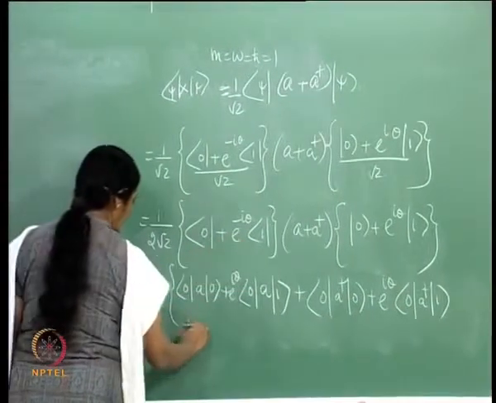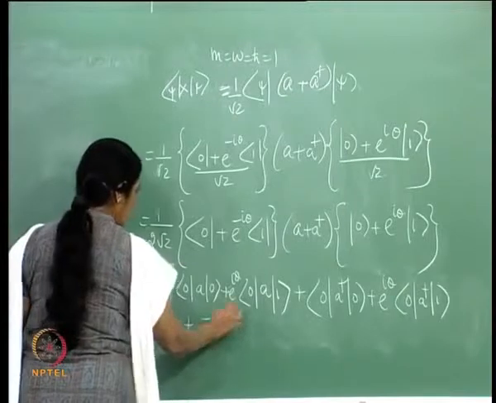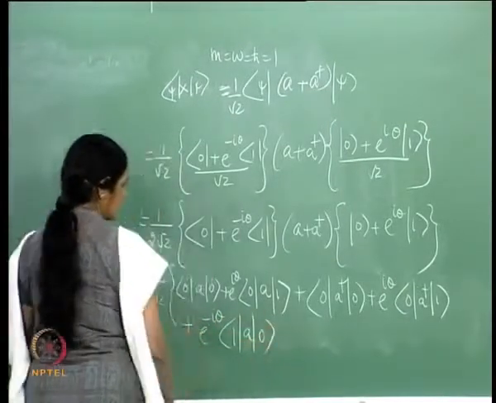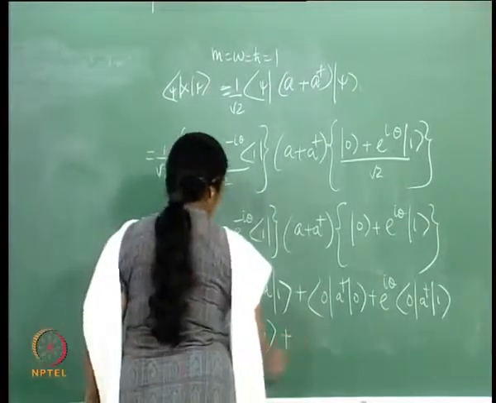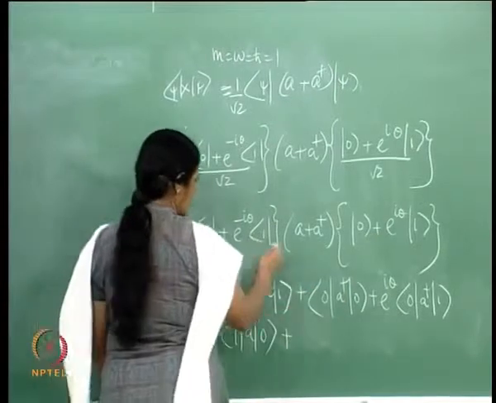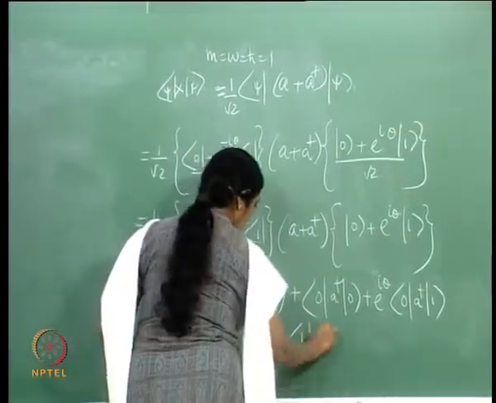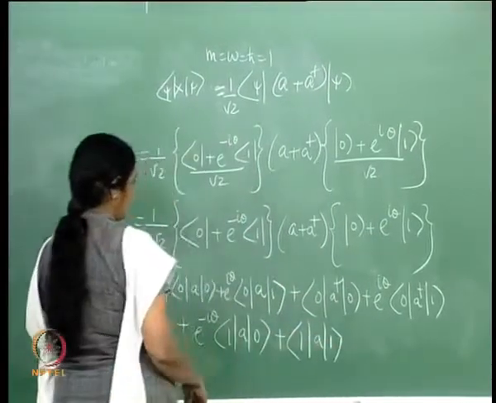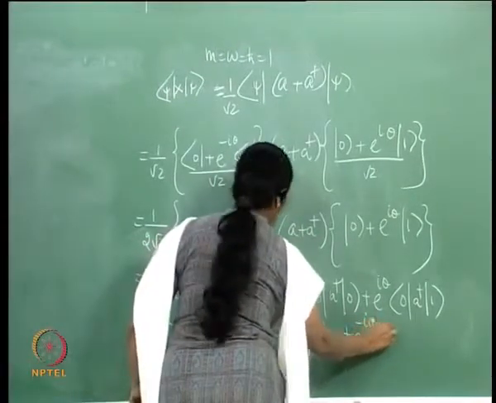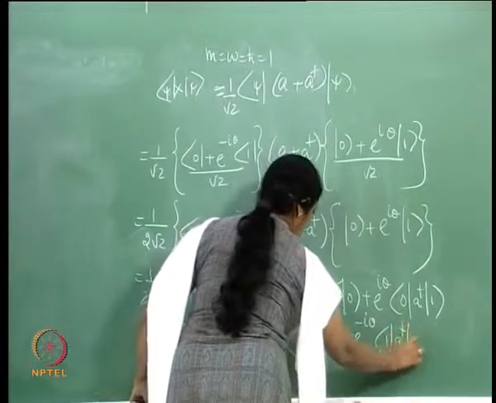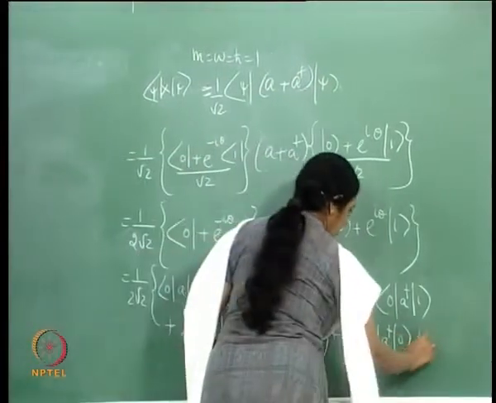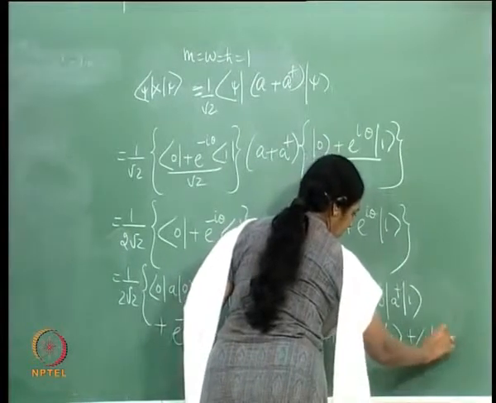Now, I move to the second term here. So, that gives me plus e to the minus i theta <1|a|0>. There is an e to the minus i theta times e to the i theta. So, I just have <1|a|1>. I work with the dagger now. So, that gives me an e to the minus i theta <1|a dagger|0> and the last term which is simply <1|a dagger|1>.